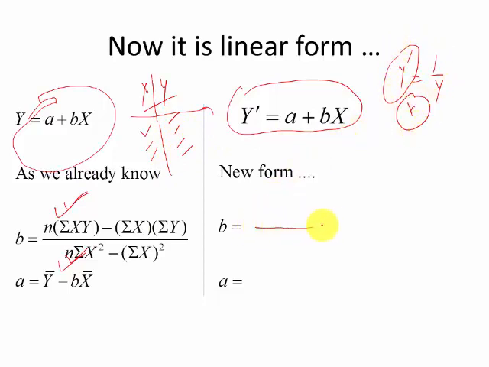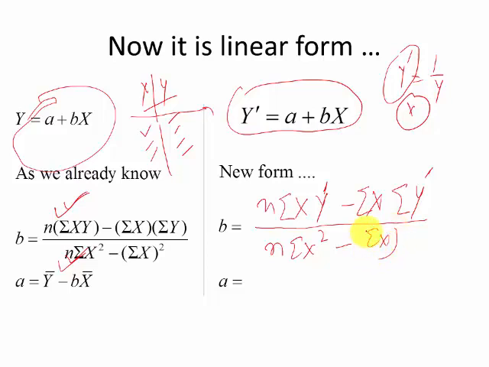So the modified form of formula b will become n times summation x y dash minus sum of x into sum of y dash, over n times sum of x square minus sum of x whole square, and a will be y bar minus b x bar. So now we need to find out the value of a and b by using data x and y dash.